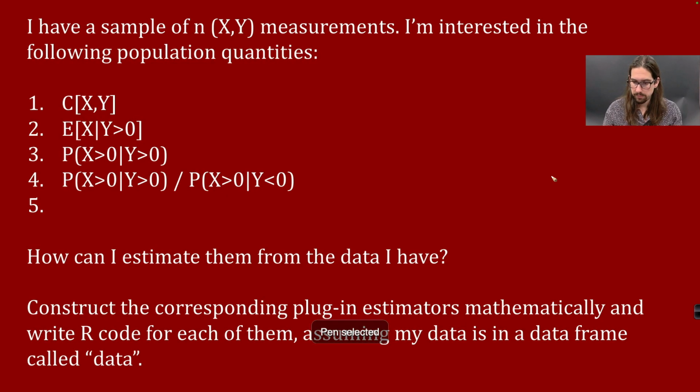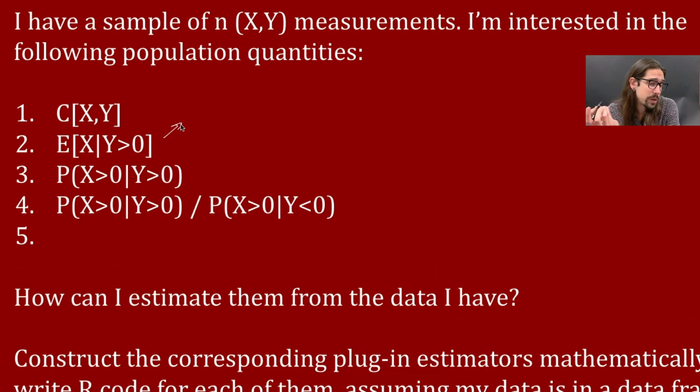Okay, cool. Let's do the next one. This expectation here, we've actually already seen how to do that, right? So we know that's the sample average of x, but just for those people where y is greater than 0. So mathematically, how would we write the plugin for that? Let's just fudge it at first.